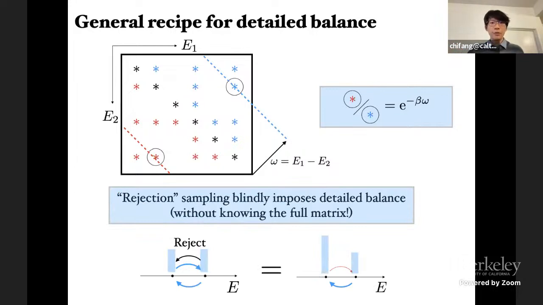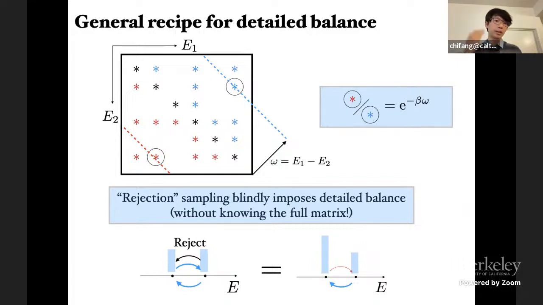However, there's a very robust and almost blind way of imposing detailed balance. It's really the insight of the Markov chain Monte Carlo method that you can do this without knowing the entire matrix. You can do this, quote unquote, locally. What you're trying to do is start with a symmetric Markov chain, and then sometimes reject one direction of the move.